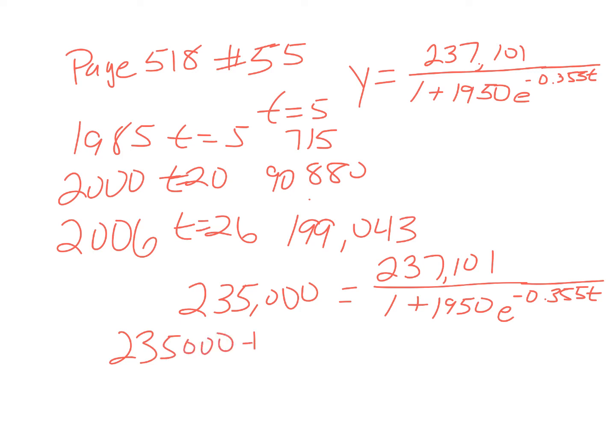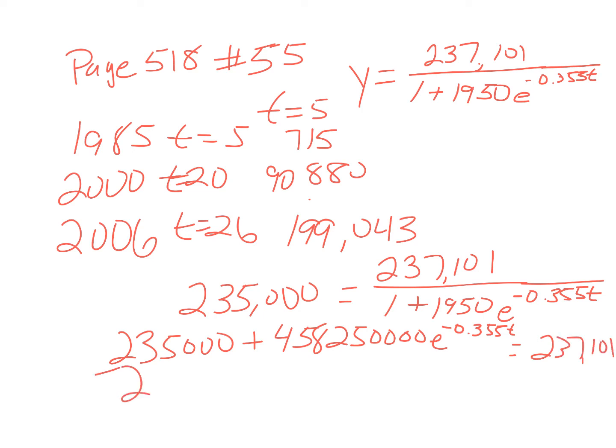235,000 plus 235,000 times 1,950. We get a really big number, and that really big number is 458,250,000 equals, oh, I forgot about the e. Base e to the power of negative 0.355 t equals 237,101.